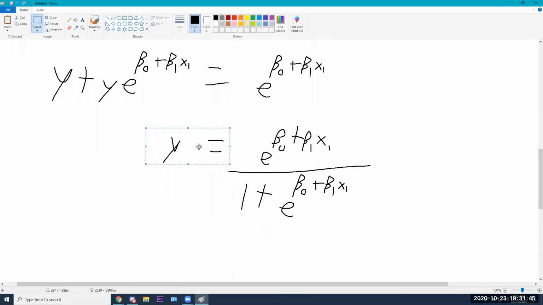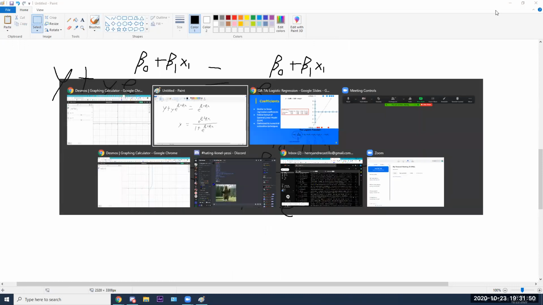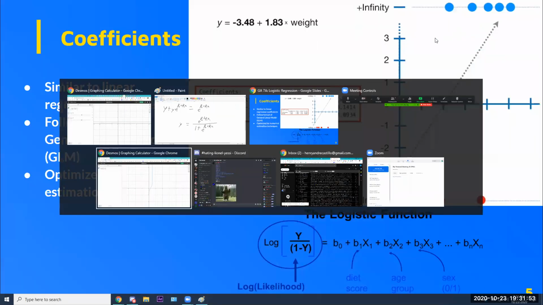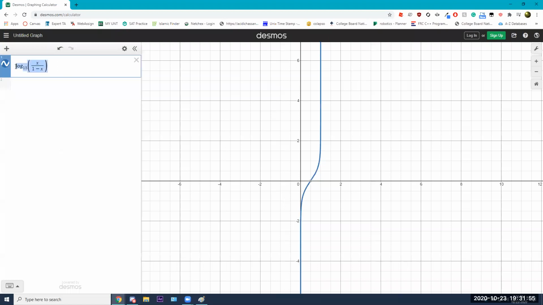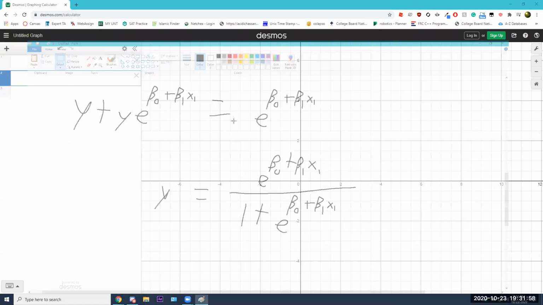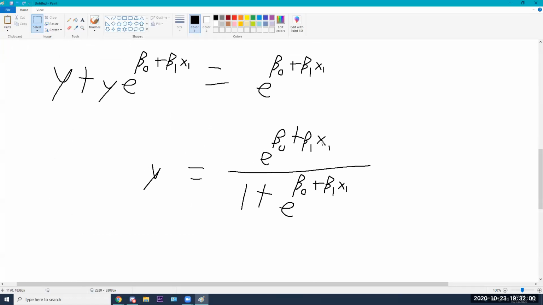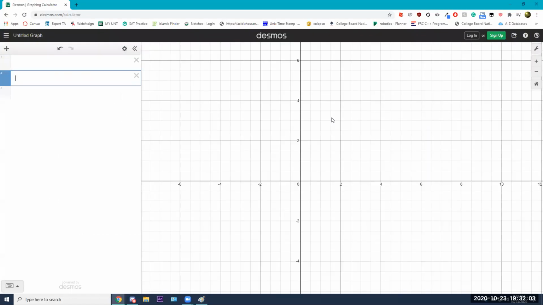All right, so let's actually see what it looks like. Let me pull up Desmos. So let's copy this function: we had y equals e to the beta naught plus beta 1 x1, divided by 1 plus all that.